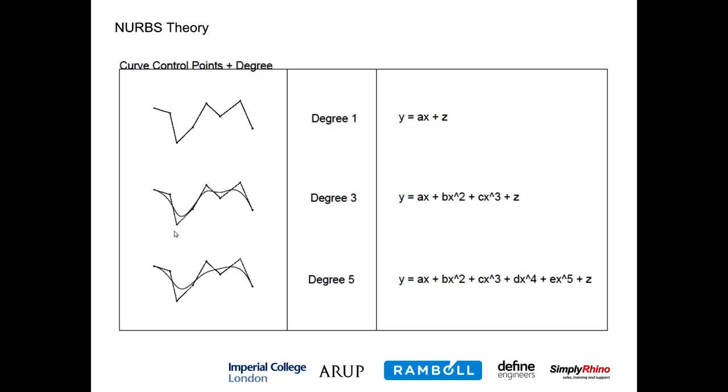So each point is having a pull on it, but as you can see, it's only ever actually touching that first point and that last point. These other points, it's being pulled towards, but it's never actually quite reaching them. In the degree 5 curve, same effect, but even more pronounced. So the higher the degree, the more control points the line is essentially being smoothed between. So the higher the degree, the smoother the curve.